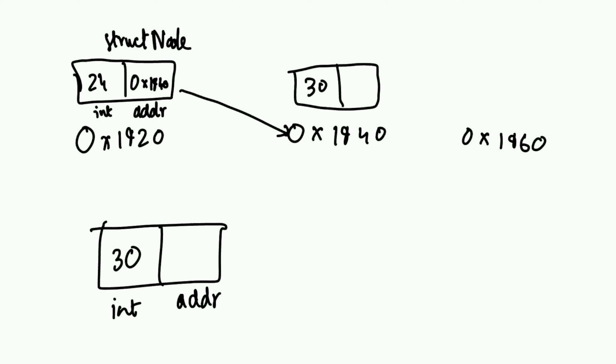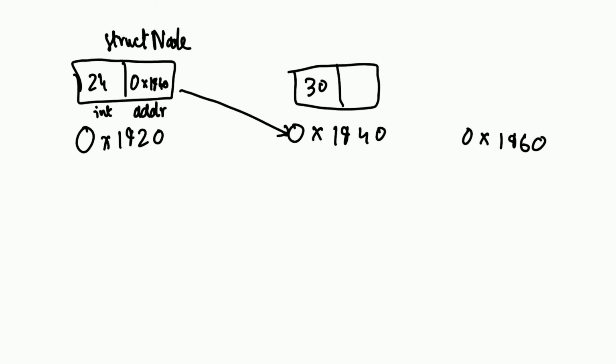0x1940. And then because we have no more links next to this, we're going to put the address over here as null. So when we access our linked list, we access the head node, which is over here at the memory address 1920. At 1920, we can see we have an integer that is 24, and then we have an address which is 1940.